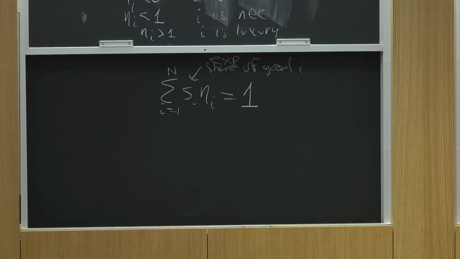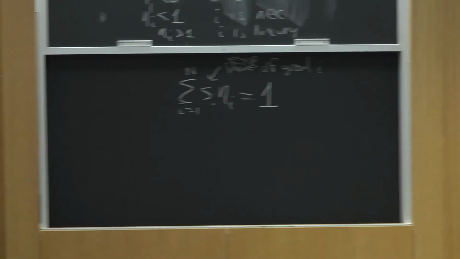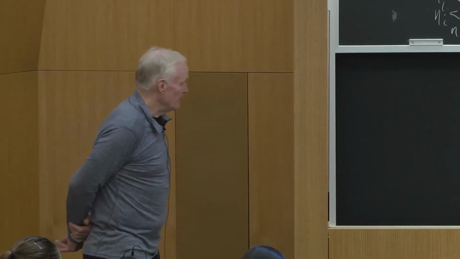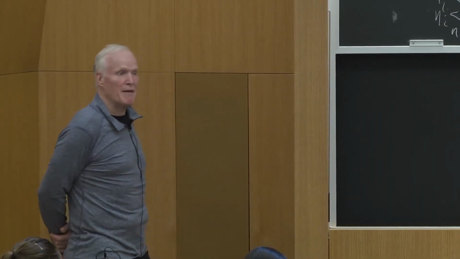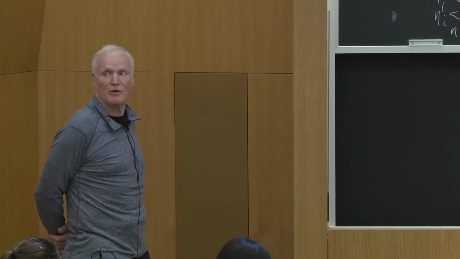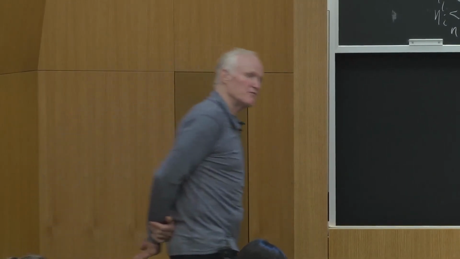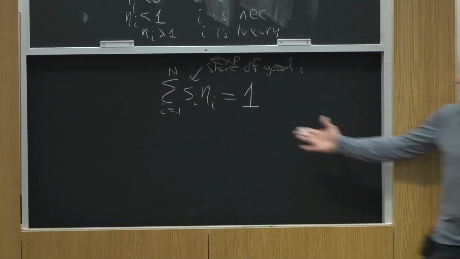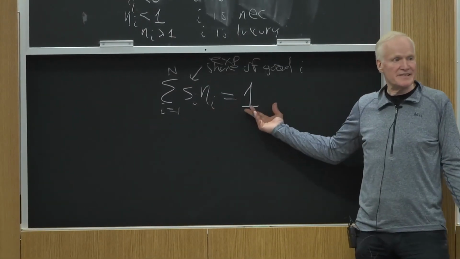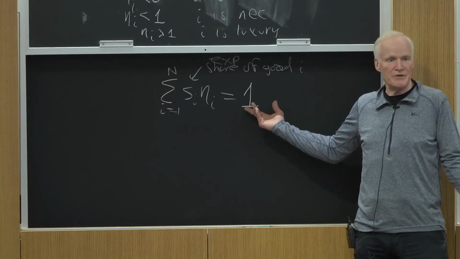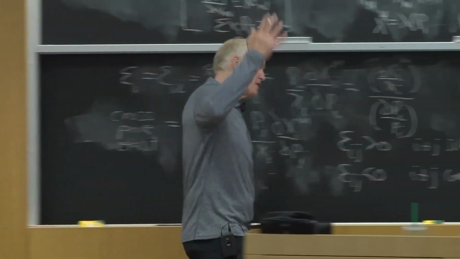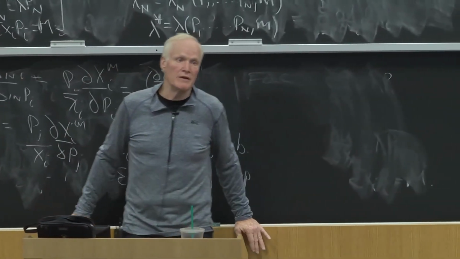Any idea how you're going to prove that? Just come straight off the budget constraint. Start with the budget constraint, then you should be able to just pop that right out. If you can't, I'll do it next time, but you should try to do it yourself. And this says a weighted average of the income elasticities has to be 1, which is kind of what we just said. On average, they've got to work out to be 1. Some can be bigger than 1, some can be less than 1, on average they're 1.